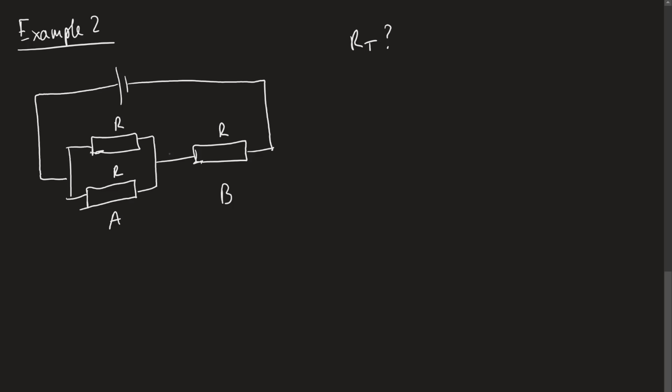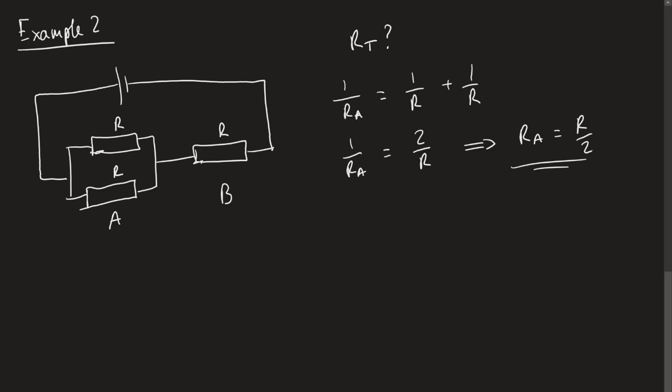I'm just doing it here to show that I'm going to work out the total resistance of A first and then just add it to B. Now the total resistance of A, so 1 over RA, is just 1 over R, because this resistor here is in parallel with this resistor, so plus 1 over R. What you're going to find then is that 1 over RA is equal to 2 over R, and therefore RA is equal to R over 2.